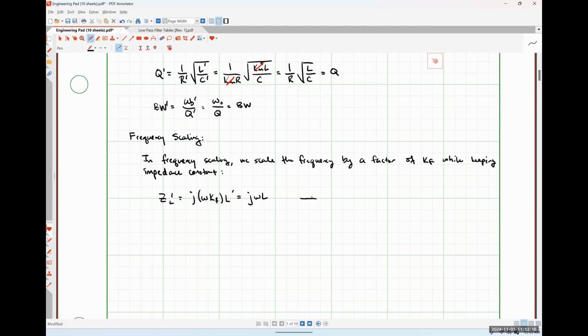And so rearranging this, we see that our scaled version of inductance is simply our original value divided by our frequency scaling factor of K_F.